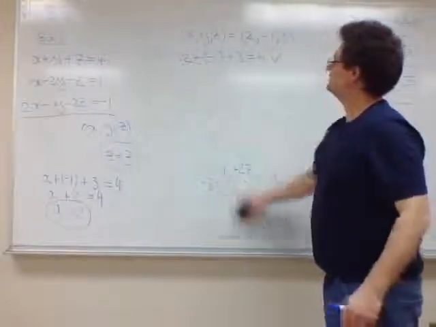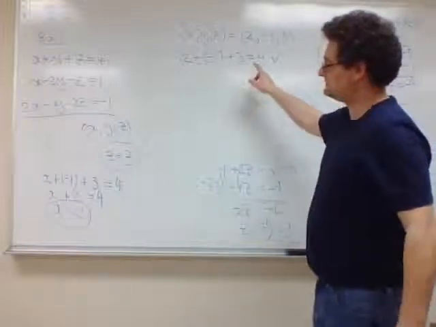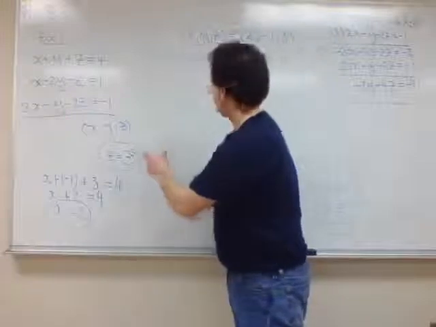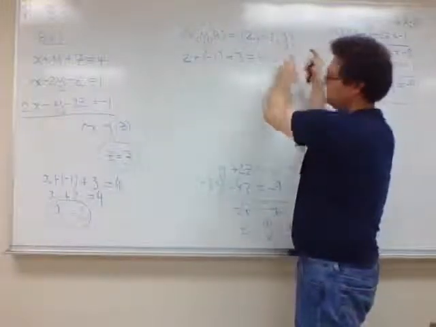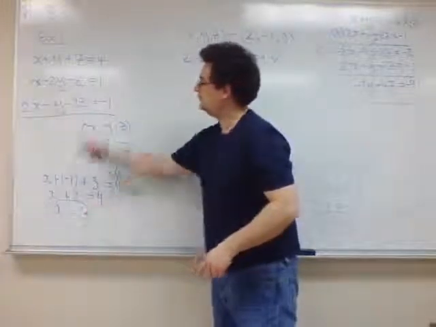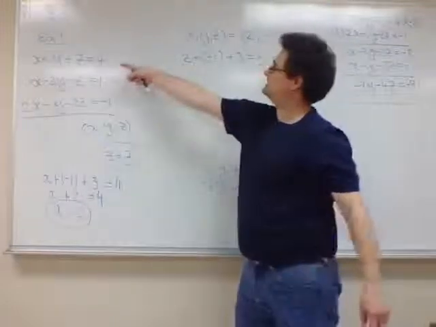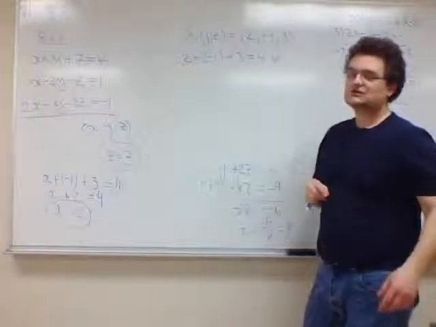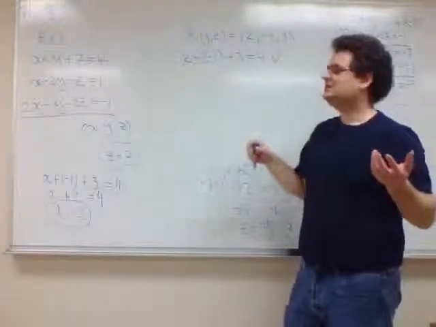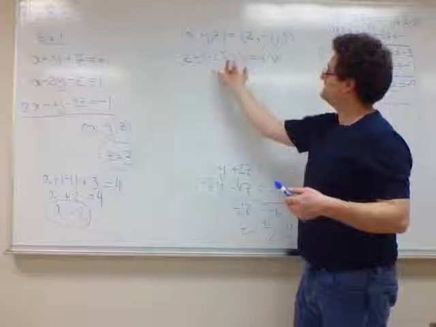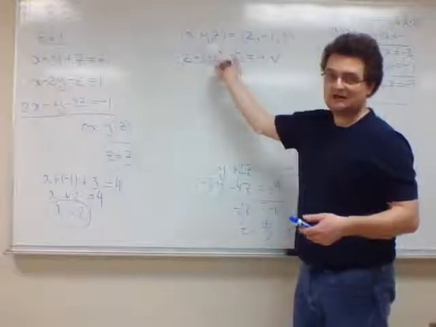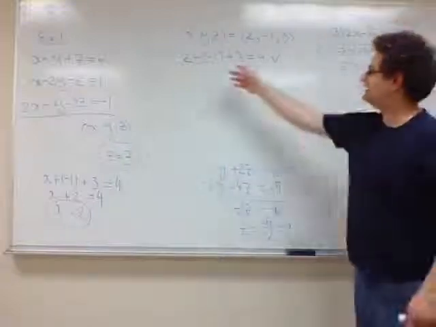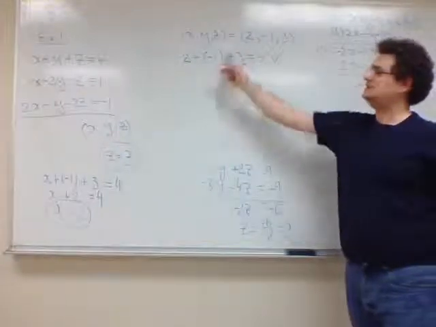Well, actually, the reason why this is true is because we used y and z being negative 1 and 3 to find x. So it just guarantees that if y and z are correctly found, then x should be 2. But it still doesn't mean that y and z are really these values.